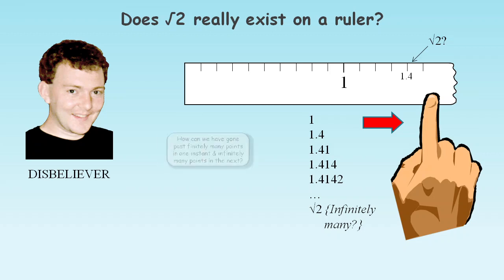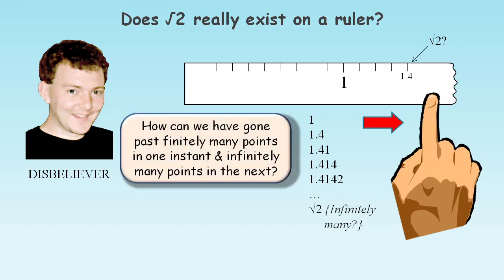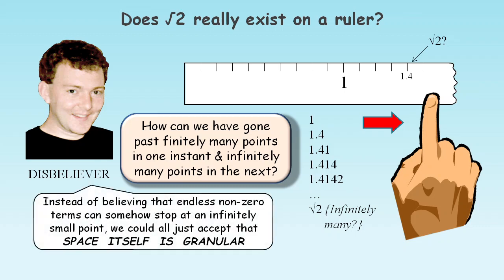Surely we can't suddenly change from having passed a finite amount of these points to having passed an infinite amount of these points, can we? And if we can't transition easily from finite amount to infinite amount, then we've got a clear absurdity here. And the only way that we can avoid this absurdity is to conclude that irrational lengths can't exist in the real world, and that space itself must consist of a finite amount of smallest parts.